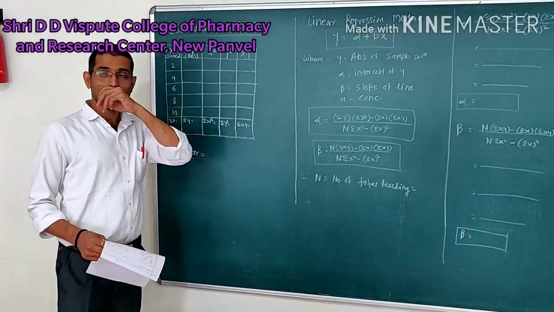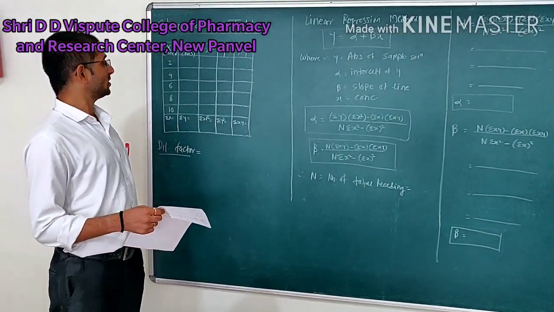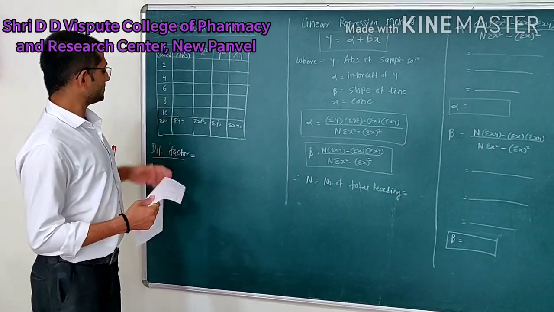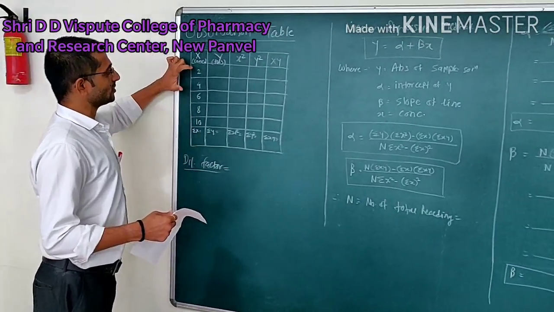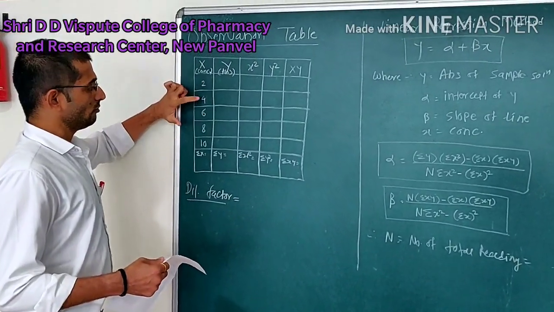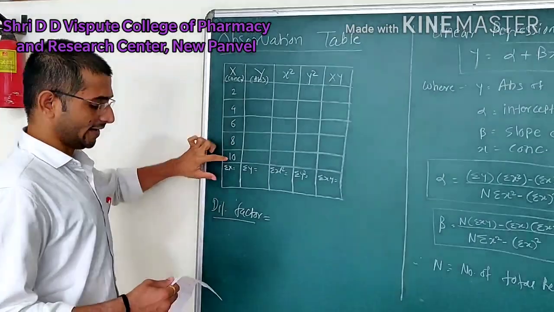Now after measurement of the absorbance on the UV visible spectrophotometer, we have measured the absorbance of concentrations 2, 4, 6, 8 and 10.